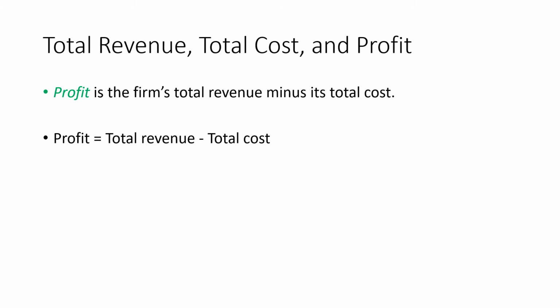Then profit, the firm's profit, is the total revenue minus the total cost. So two variables that we have already discussed, the revenue minus the cost, and this gives us profit. And again, in accounting and finance terminology, we may call it the net profit, the net income of a firm after subtracting all the costs that are incurred in production.